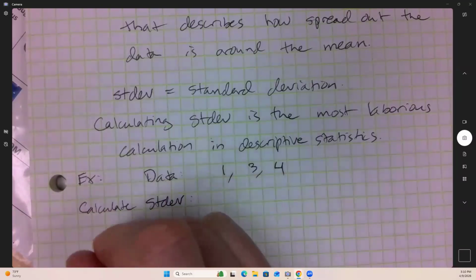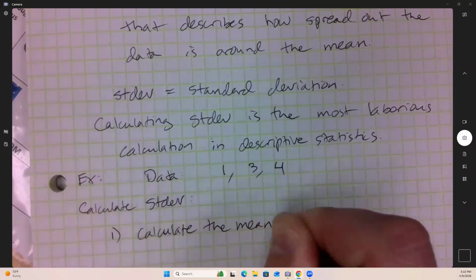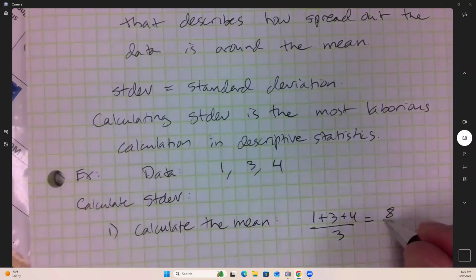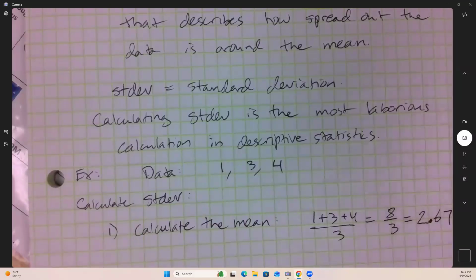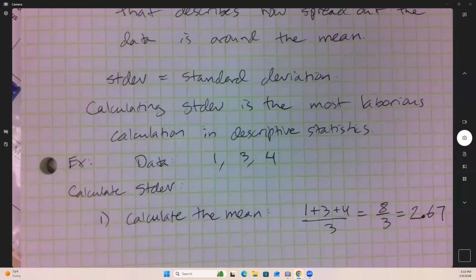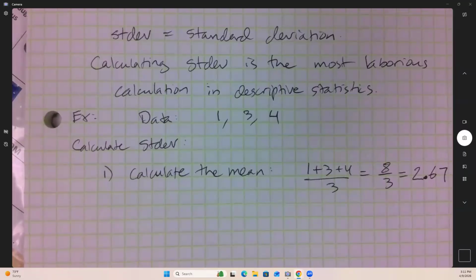Step 1, calculate the mean. 1 plus 3 plus 4, all divided by 3, is 8/3, which I can write as close to 2.67. Close enough. That makes sense, right? That's kind of in the center of 1, 3, and 4. It doesn't match any of the observations perfectly, but that's okay. Now we want to figure out how far is every observation from the mean.